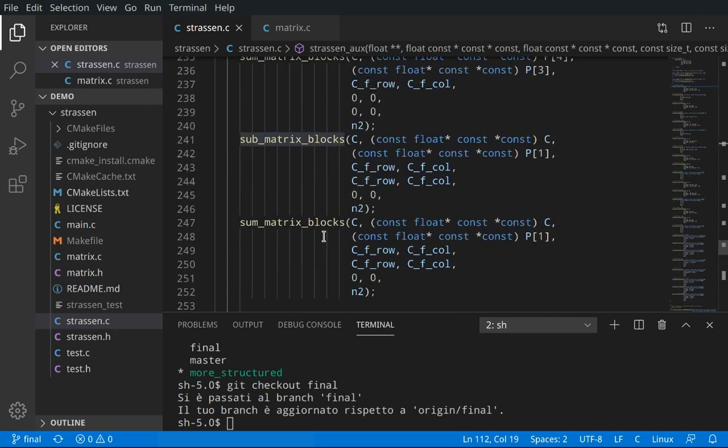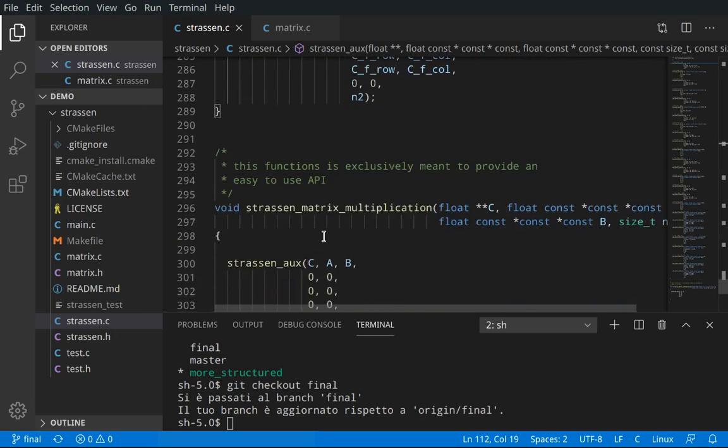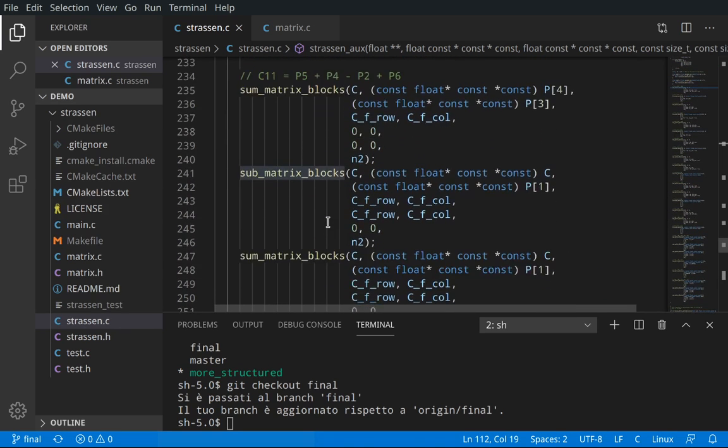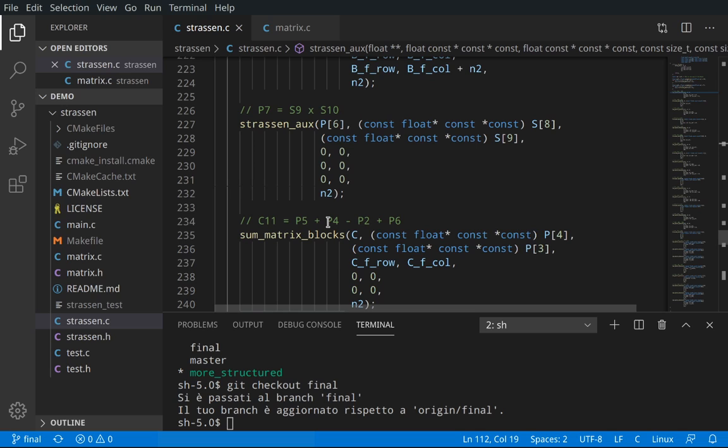I also added some comments on the code, so it's much easier to figure out what's going on. This is it. So any question about the matrix multiplication?